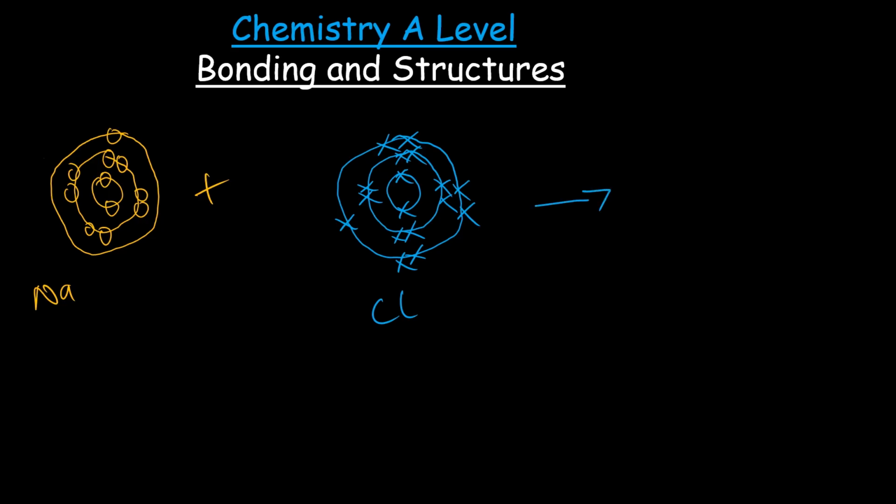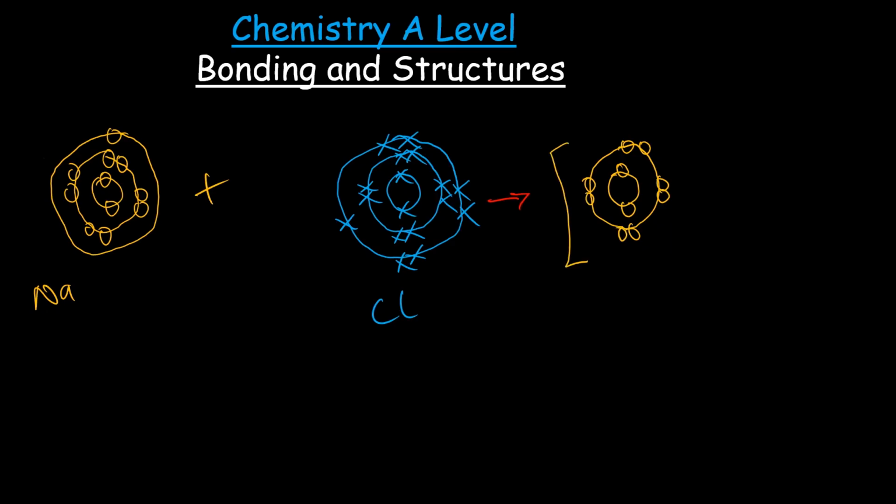So we have sodium, 1, 2, 3, 4, 5, 6, 7, 8, 9, 10. Now it has given off one electron, right?